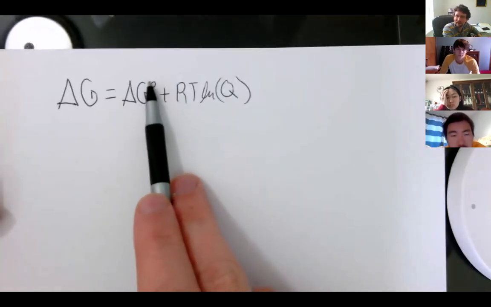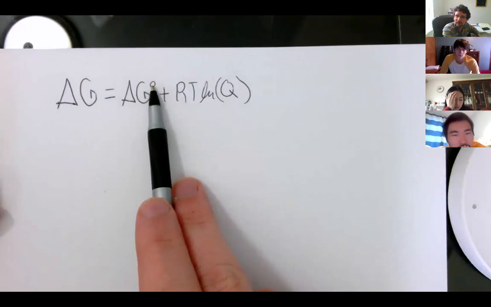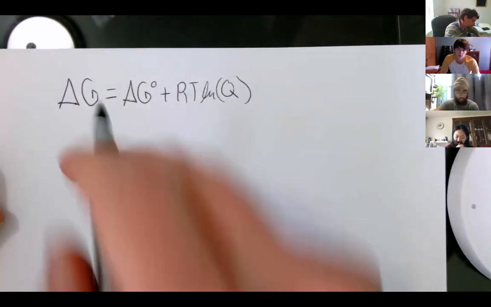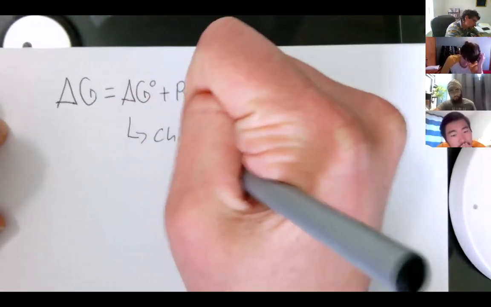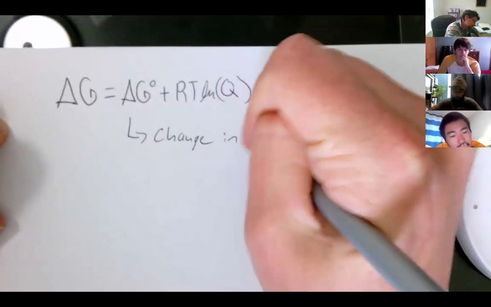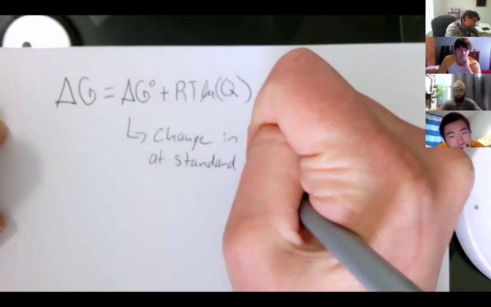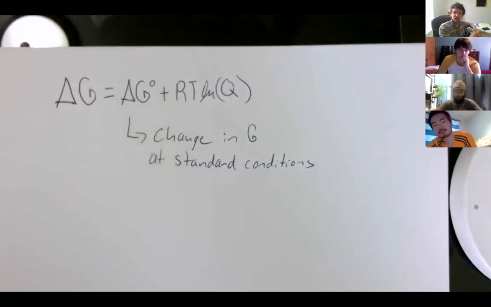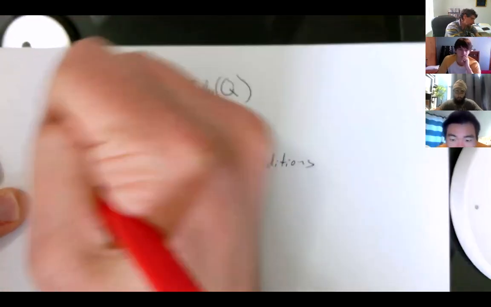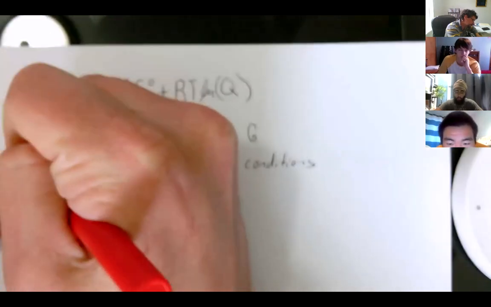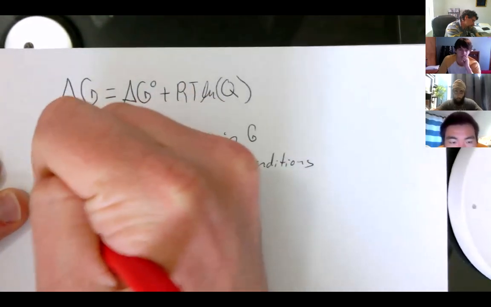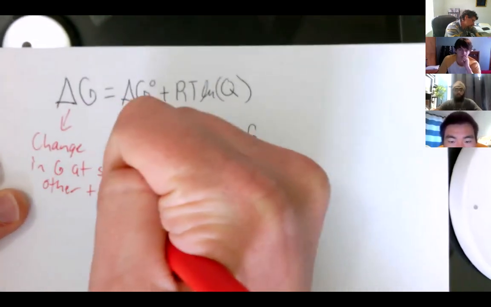What does that little thing up there mean? Standard conditions. So delta G naught is the change in G at standard conditions. So this delta G is at some other point, some other temperature.